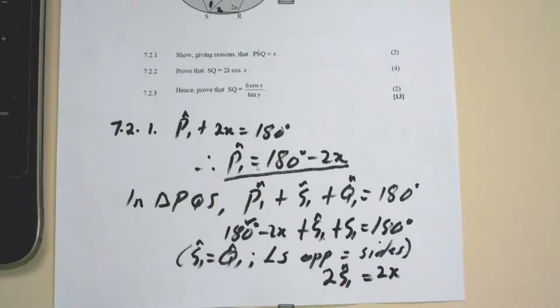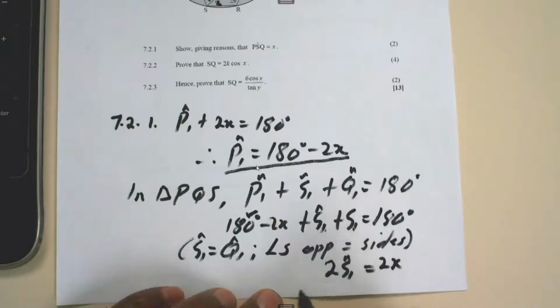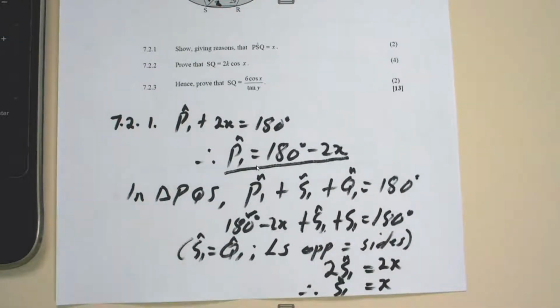Now, simple arithmetic, divide by 2 both sides. You'll find that S1 is equal to X. Perfectly done. The first question has been answered.